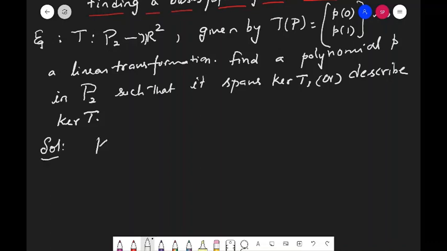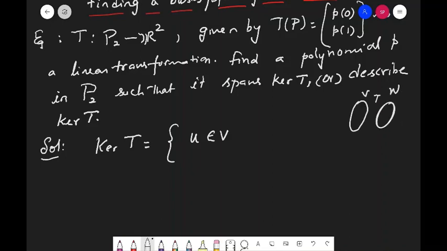So let us write the definition of the kernel. Kernel T is given by the vectors u in the domain V, if T is a linear transformation from V to W, such that T of u is equal to 0. That means this u is mapped to the 0 element. That is what we mean by kernel.